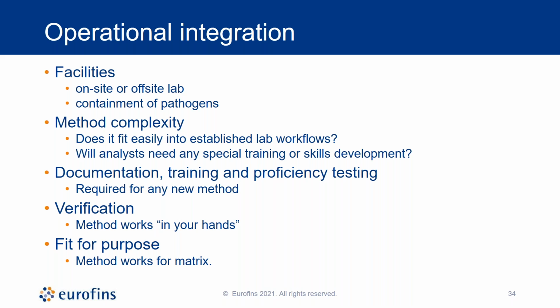If this is a pathogen method, do we have the right facilities for containment of pathogens? If you're using a third-party lab that is separate from a food manufacturing site, of course, that's already in place. If you're running an on-site lab, you might want to think very carefully about whether you want pathogens growing in that space. How complex is the method? Does it fit easily into our established lab workflows?